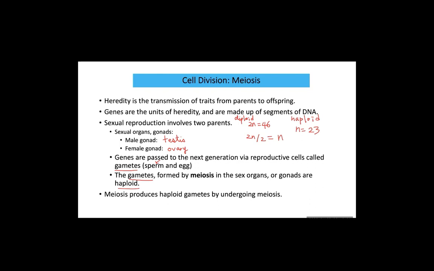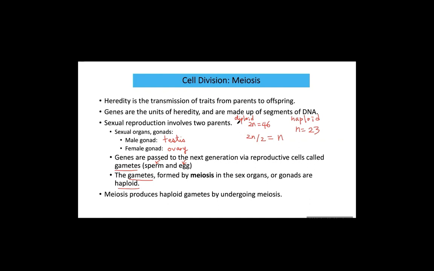There are 23 chromosomes in the egg, in the oocyte. Oocyte and egg are the same cell. Except for sperm and egg, the rest of your body has 46 chromosomes in each cell. So be familiar with the meaning of haploid and diploid.